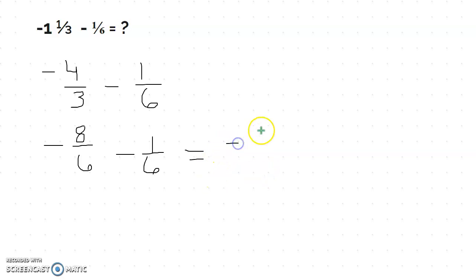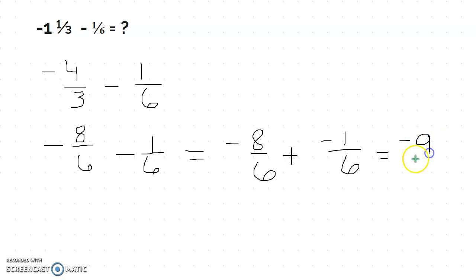Now I'm going to apply what the rule said at the beginning. All subtraction is really adding the opposite. So I was subtracting 1/6, I'm going to change it to adding -1/6. Subtracting 1/6 is just like adding -1/6. -8 plus -1 makes a -9.